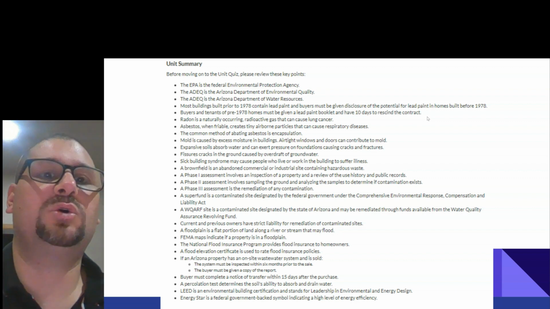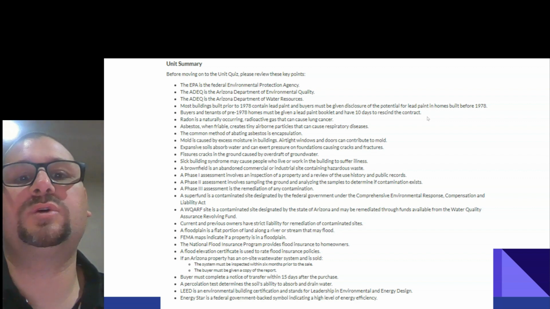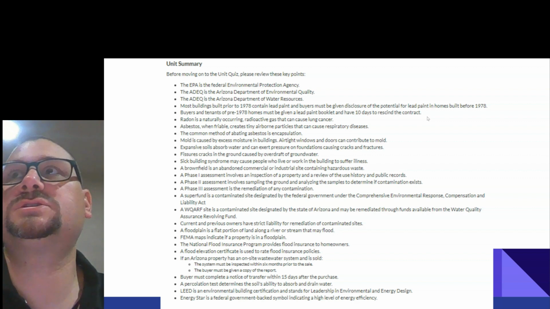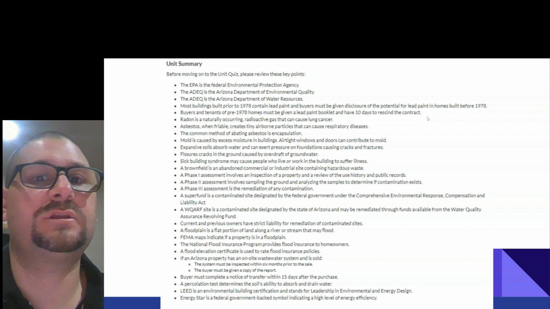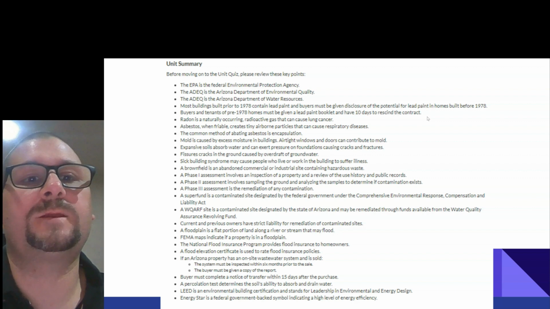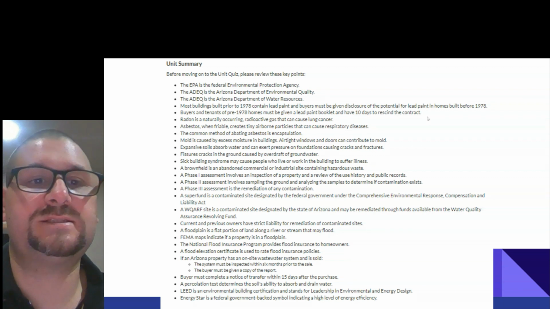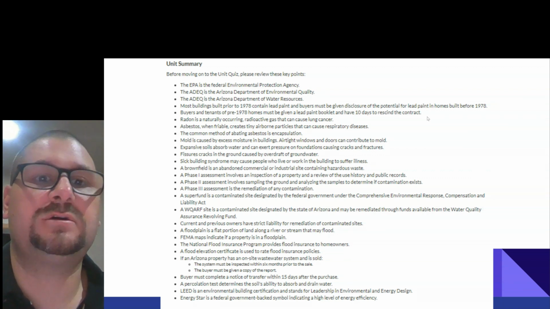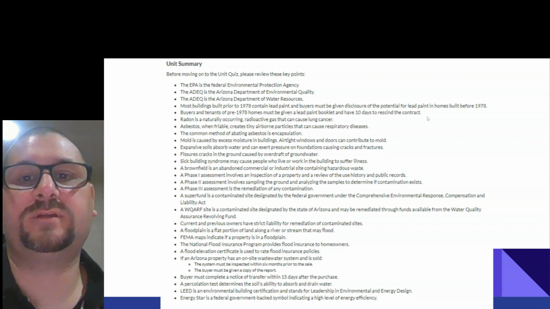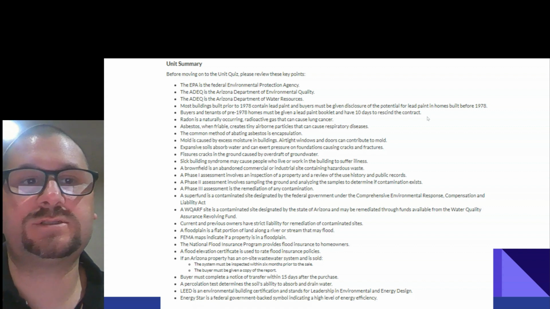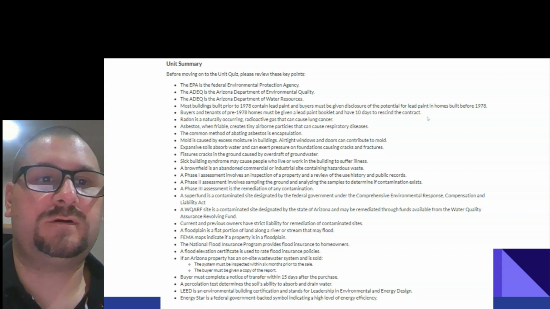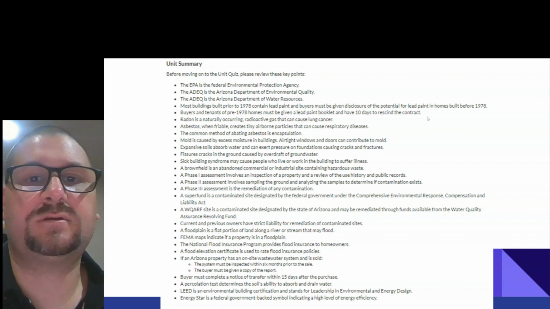Mold is going to be caused by excess moisture in the building. So too much moisture in the building can create mold. Expansive soils absorb water and can exert pressure on foundations, causing cracks and fractures. Fissures are cracks in the ground caused by overdraft of groundwater.